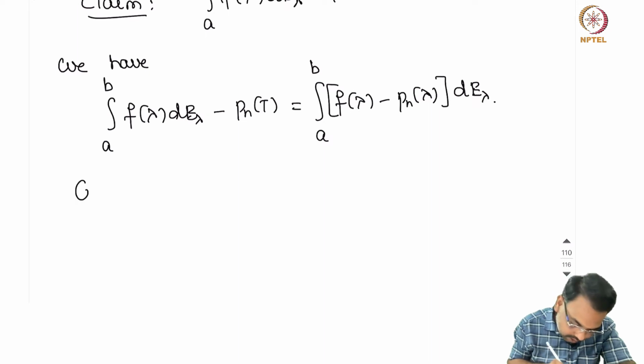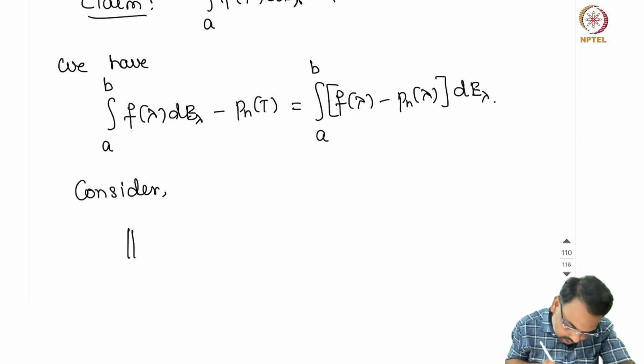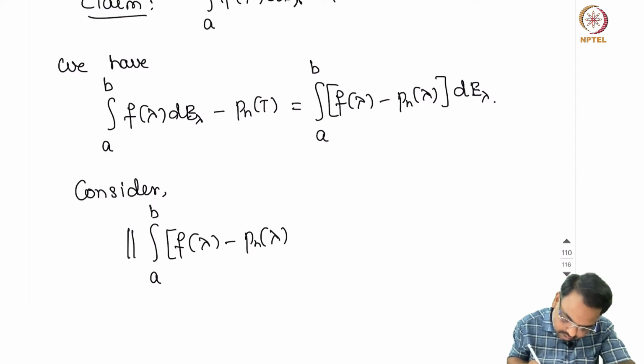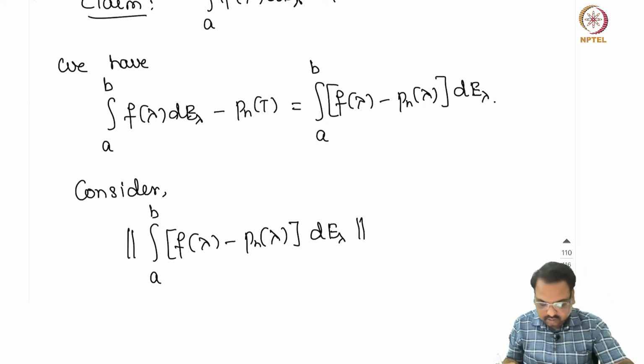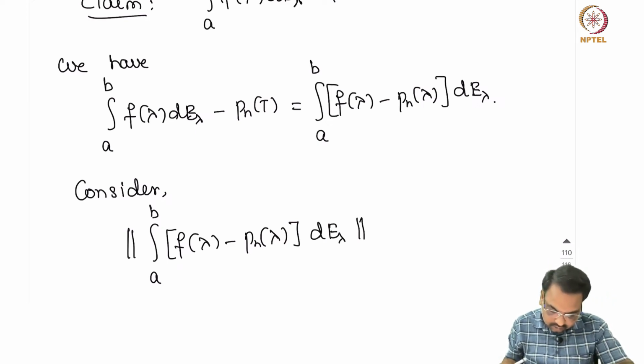So consider the operator norm of the integral a to b of f lambda minus Pn lambda d e lambda.